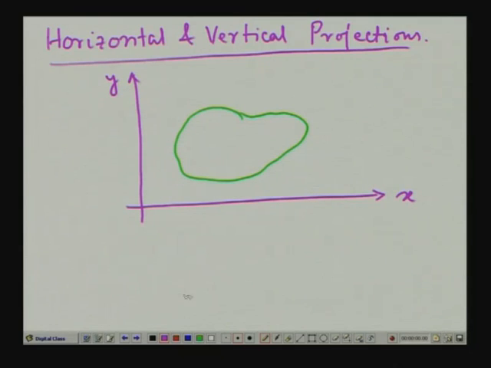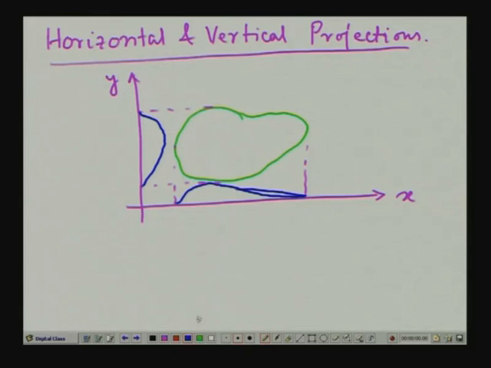What I do is I take the projection of this on my horizontal axis, and this becomes the horizontal projection, which will become something like this. I also take the projection of this area on the vertical axis. In this particular case, the projection on the vertical axis will become something like this.